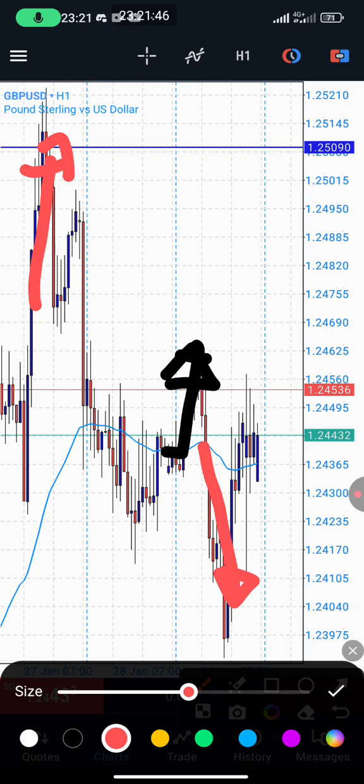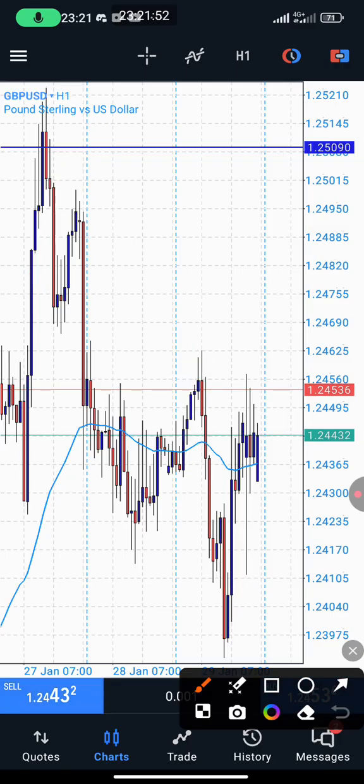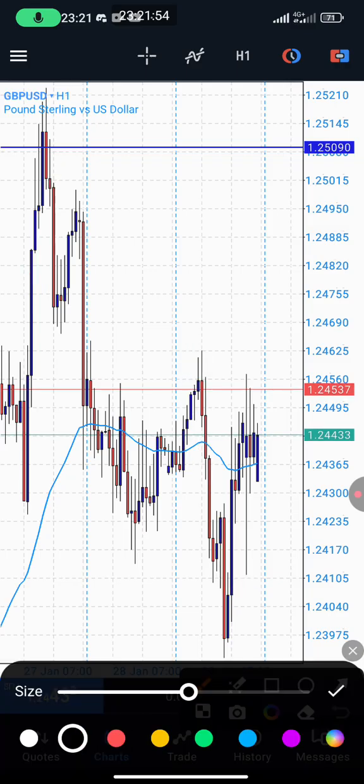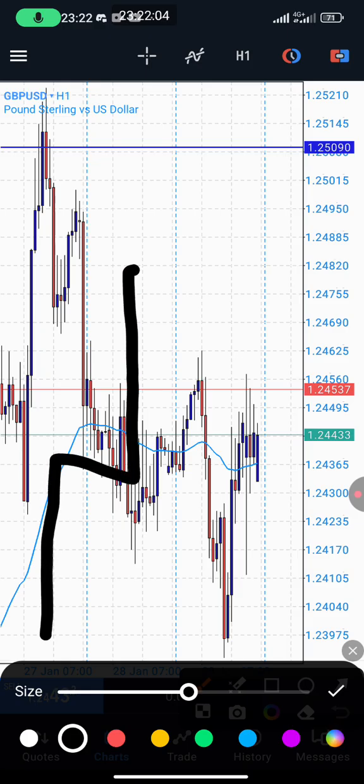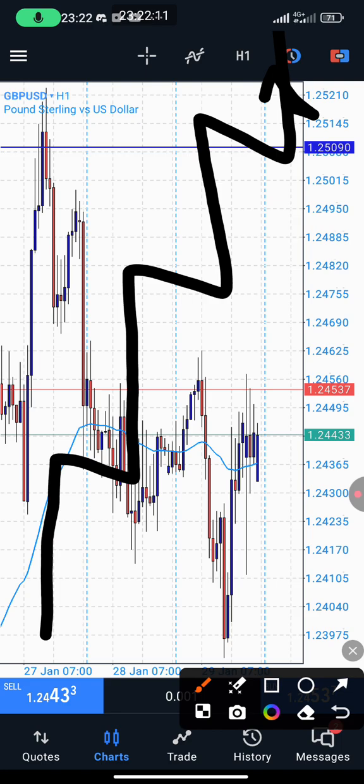But consistent profitability has nothing to do with this. What you are doing as a trader is picking setups. You are just selecting setups where at the end of the day you will have an equity curve that looks like that, whereby your equity curve keeps rising no matter what happens.